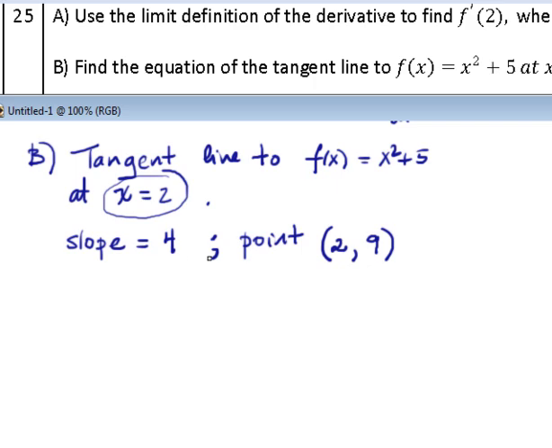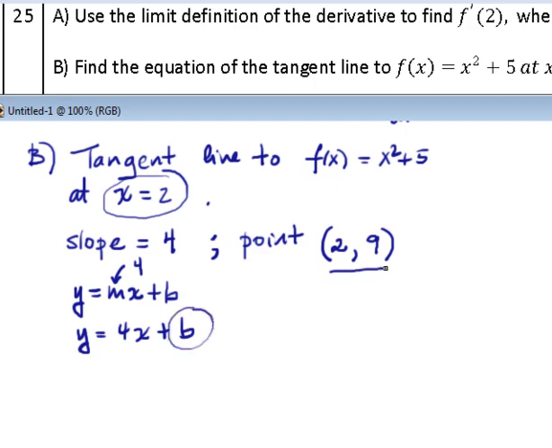All right, so we have a slope and a point, so we can easily get the equation of the line. Let's say we use y equal mx plus b. So the slope is 4, so we have y equal 4x plus b. And now we have to figure out b. Use the point to figure out b. Substitute a 2 for x and a 9 for y.